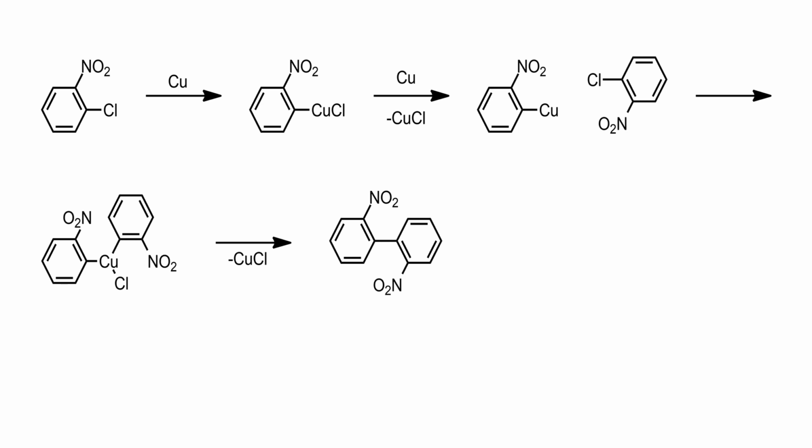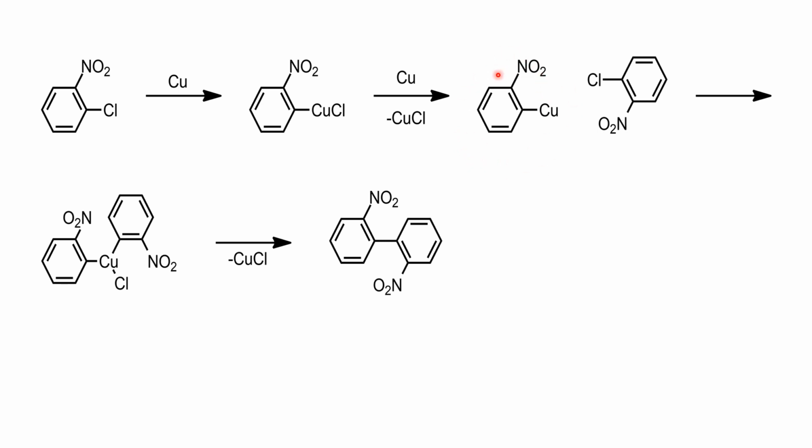See another example. Here I have a substituted aryl halide, nitro substituted halide. So it reacts with copper to form oxidative addition, followed by elimination to form an active copper species.